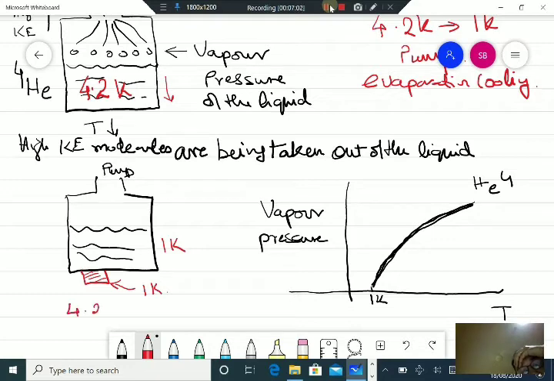So from 4.2 Kelvin, you can bring it down to 1 Kelvin by just pumping over the same liquid. And this is the method of evaporative cooling. It's a very, very important and essential method of cooling to reach low temperatures. However, it will just allow you to reach somewhere close to 1 Kelvin and no further. This allows you to reach only about 1 Kelvin.